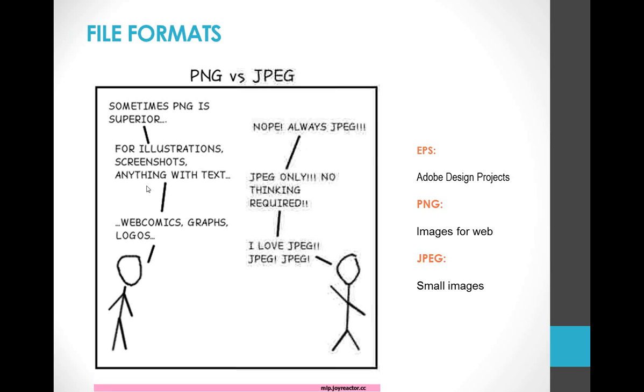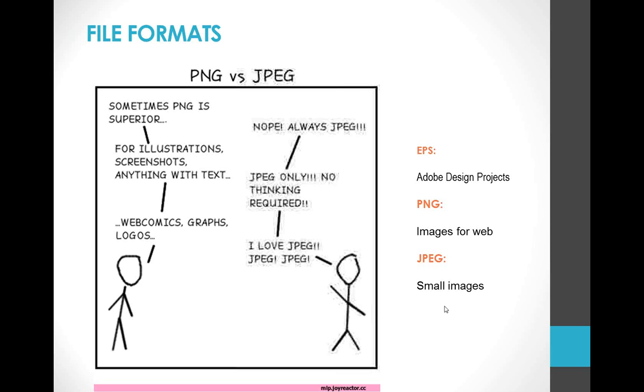PNG is generally a good format to use when you are creating PowerPoint presentations or putting something on the website, or you need to include the logo with other images. For example, if you want to do charts, it won't interfere with any of the other images you're using. So again, PNG is great for images used for the website.